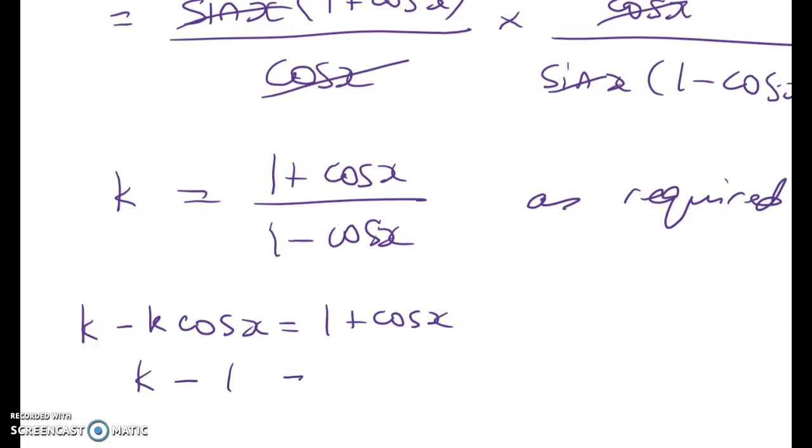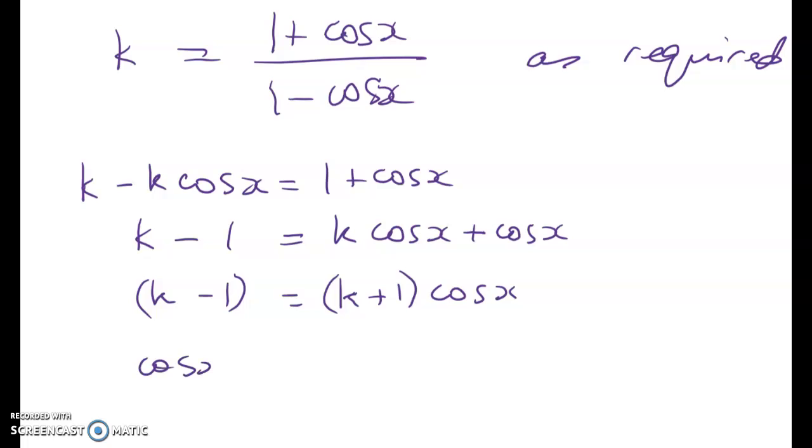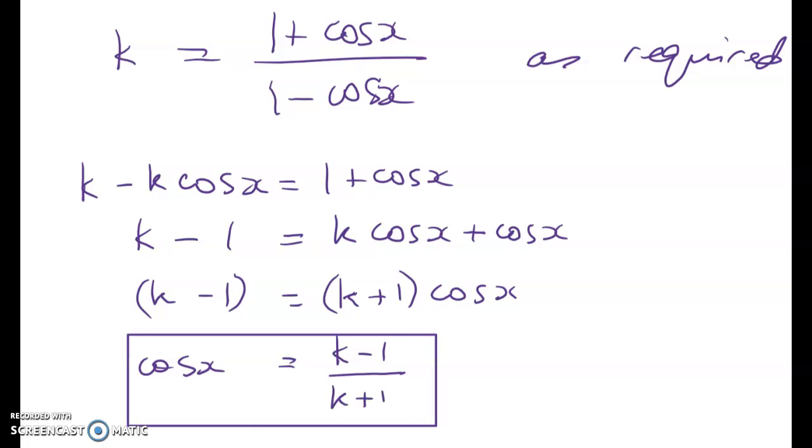I get k minus 1 is equal to k cos x plus cos x. So we're just about there. On the right-hand side, we have k plus 1 times cos of x, giving us a final expression of cos x is equal to k minus 1 over k plus 1. Okay, so that's my final answer for that question.